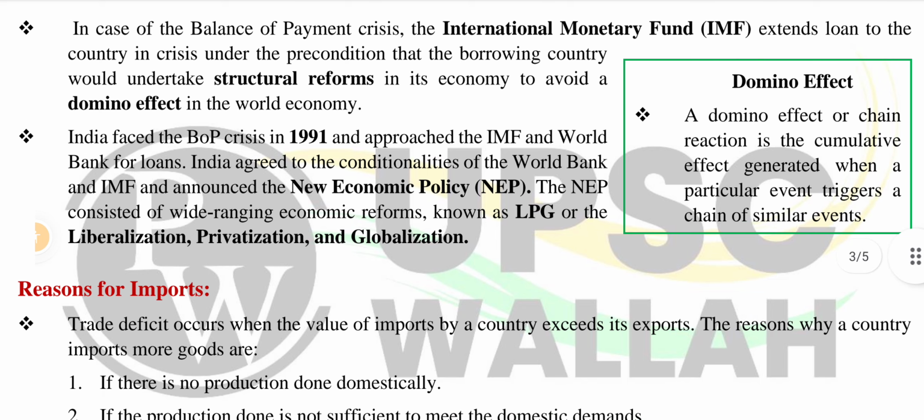India faced the BOP crisis in 1991 and approached the IMF and World Bank for loans. India agreed to the conditionalities of the World Bank and IMF and announced the new economic policy, NEP. The NEP consisted of wide-ranging economic reforms known as LPG: liberalization, privatization, and globalization.